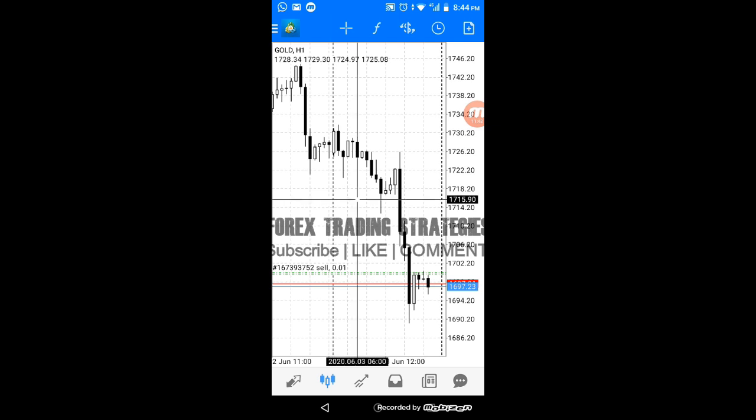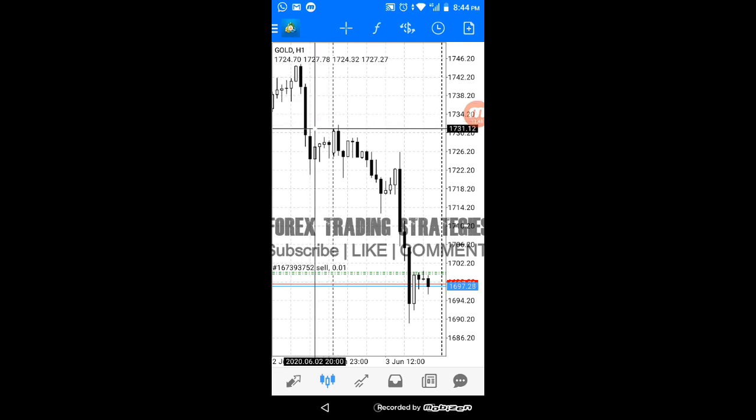So I initially rode gold from here to somewhere around here. My stop loss was probably a few pips here, and I got stopped out somewhere here. Then I entered again around here.